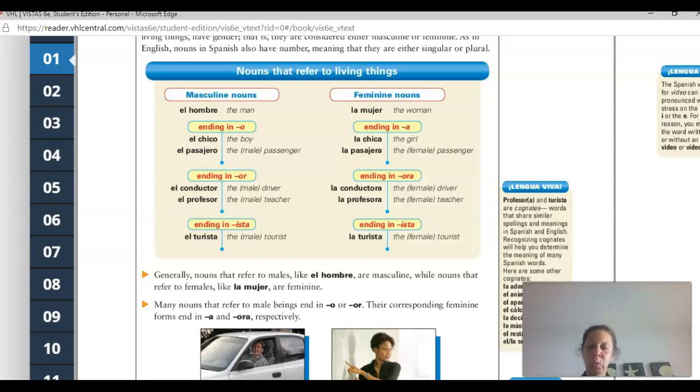The general rule says that when we have words that are ending with ma, right? Usually they are masculine, even though they are ending with A. But in this case, it's MA.